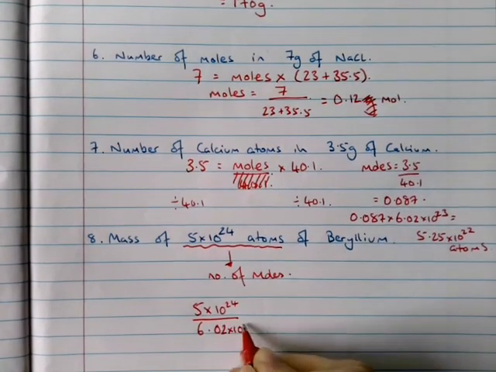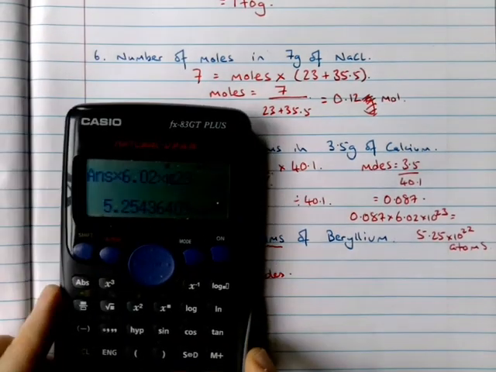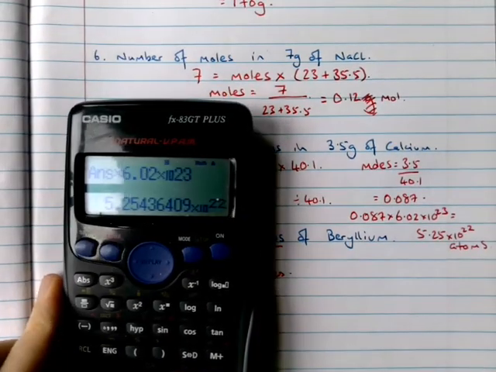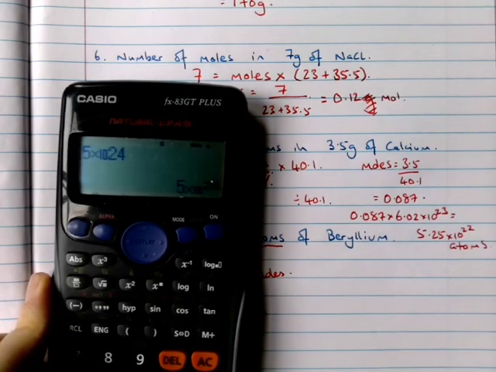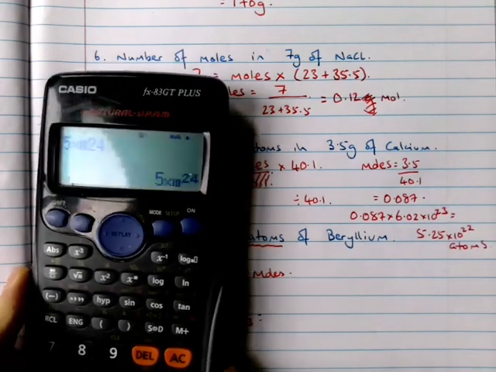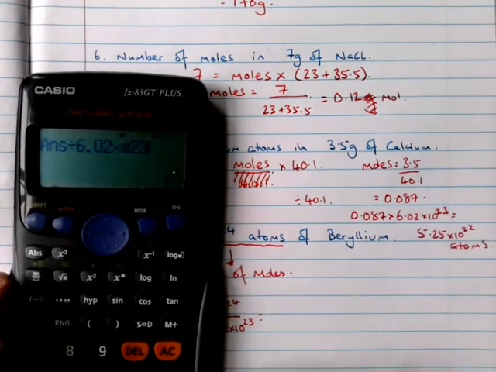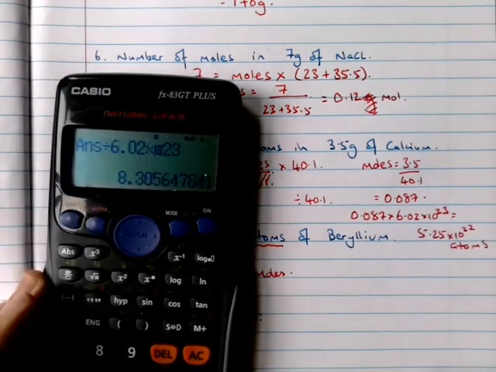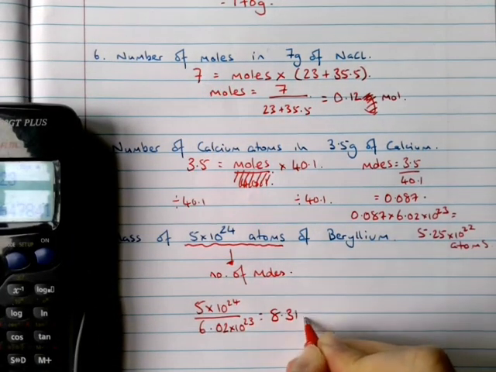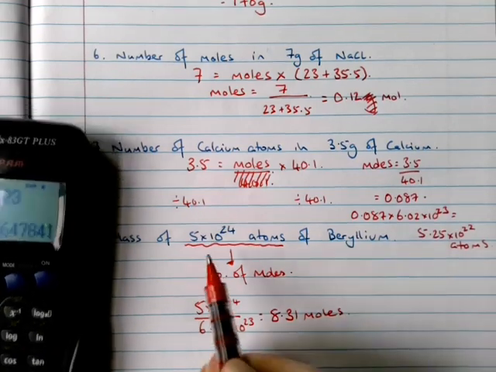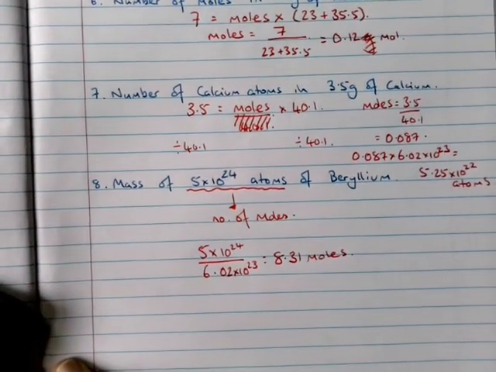I do 5 times 10 to the 24 divided by 6.02 times 10 to the 23, and I get 8.31. So this number of atoms is 8.31 moles, and now I can use that to work out the mass.